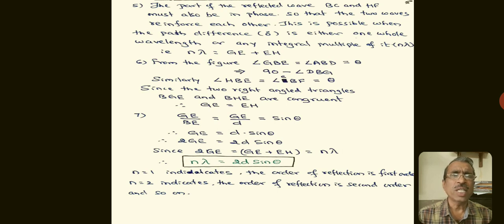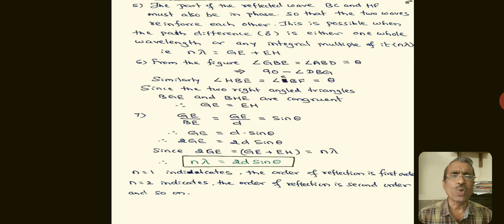Now, since the path difference is 2GE, it is equal to 2d sine theta. Since 2GE is GE plus EH, that is equal to n lambda, therefore n lambda is equal to 2d sine theta.